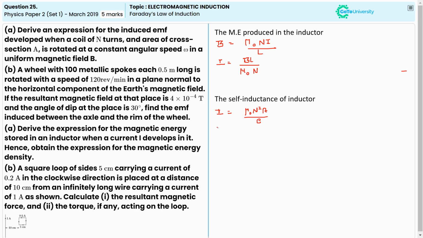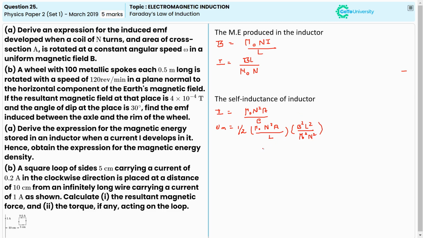Then we get the value U M is equal to 1 by 2 times mu naught N square A divided by l times B square times l square divided by mu naught square N square.